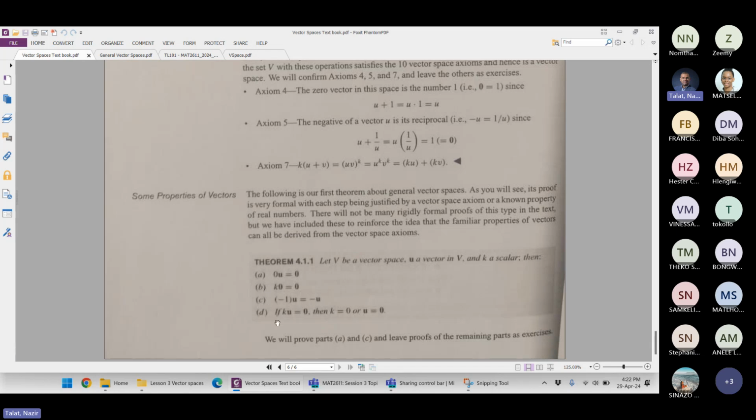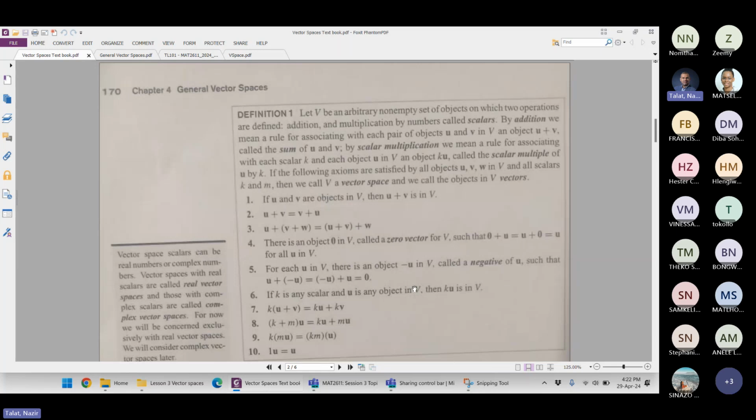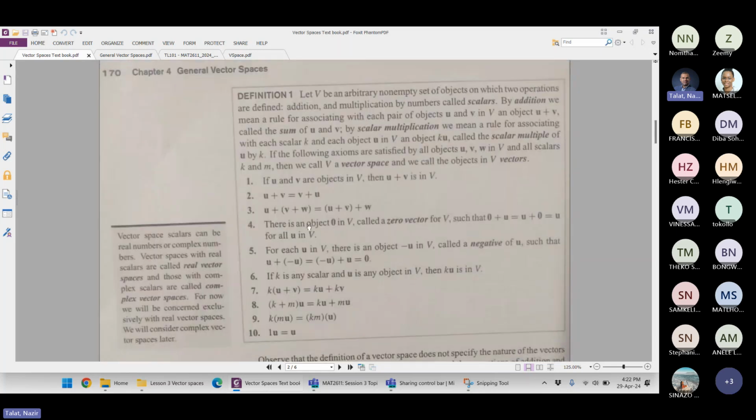And moreover, if we have k times u equal to 0, then either the constant k is equal to 0 or u is equal to 0. So these are the properties that by default hold in a vector space V, because if V is a vector space, then it must always fulfill these 10 axioms.